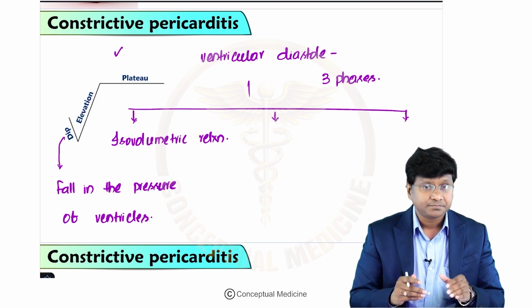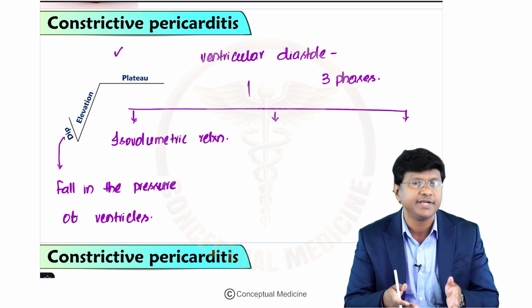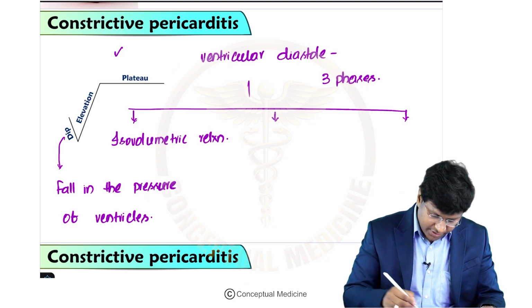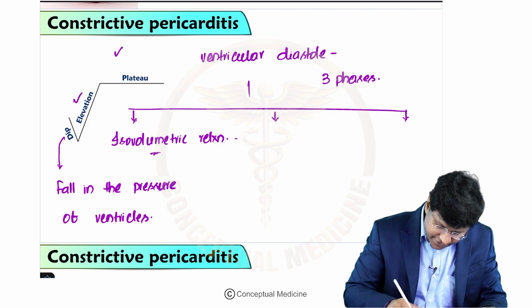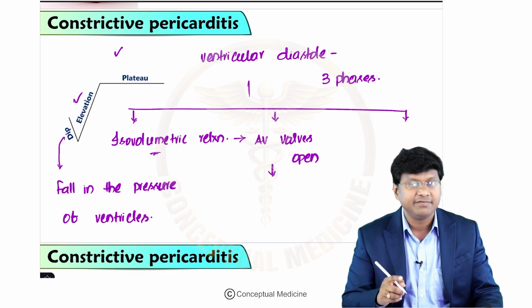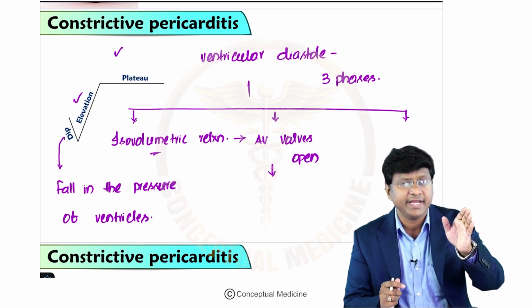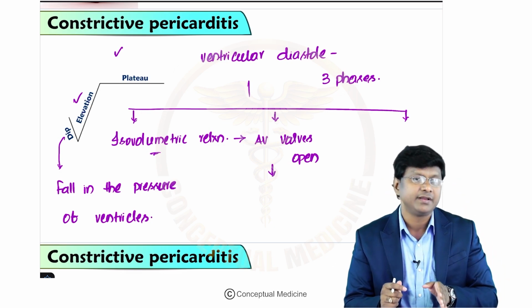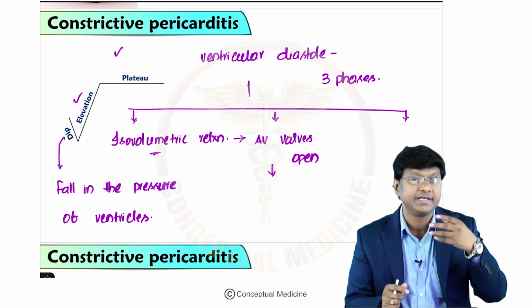Okay, so in the isovolumetric relaxation phase, definitely the pressure within the ventricle will reduce. And what about the second phase? See, after the isovolumetric relaxation phase, what will happen? The AV valves open. So once the AV valves, that is the mitral and tricuspid valves, open, the blood from the atria will fill the ventricle with greater pressure.